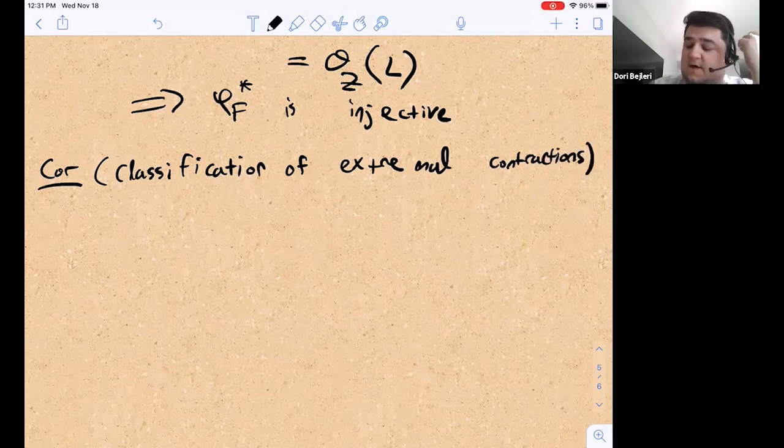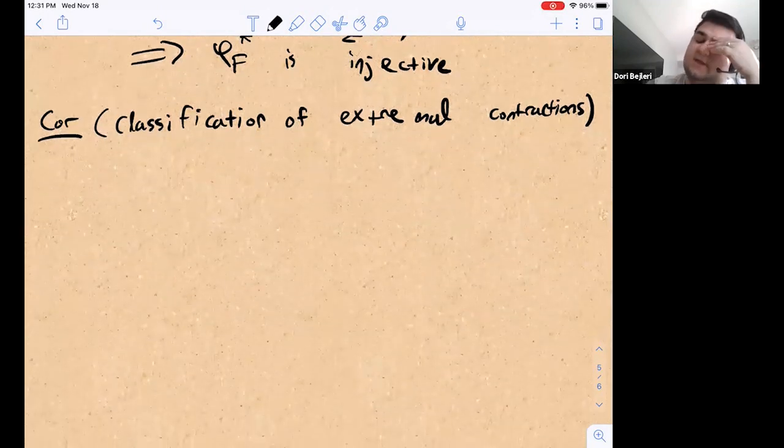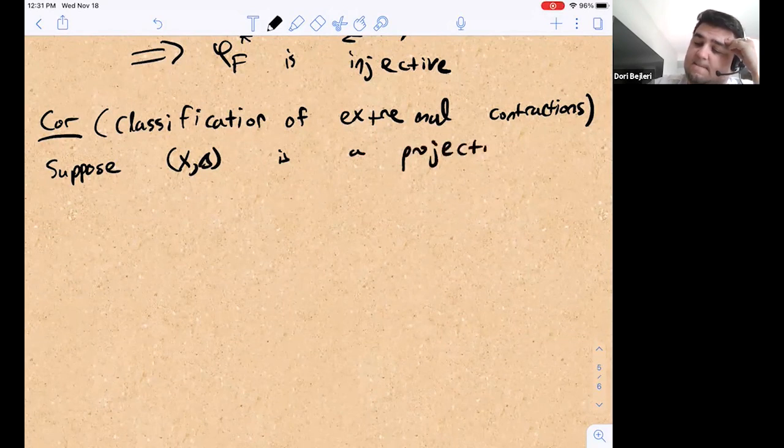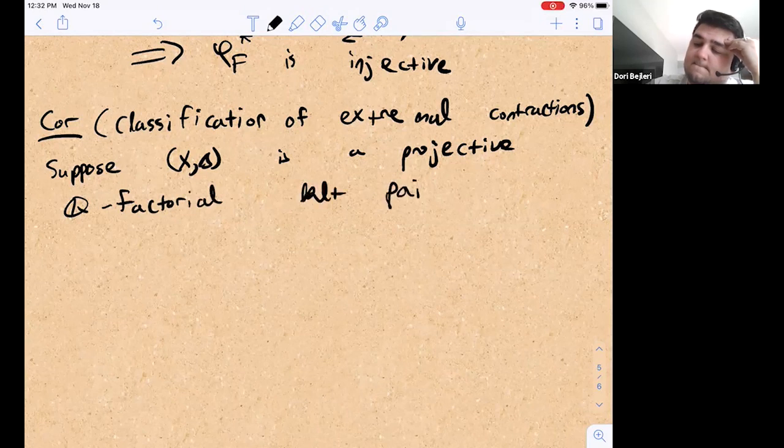So if you recall from a couple of weeks ago, we needed to make an extra assumption on our pair, which was that it was Q-factorial. A couple of weeks ago, there was no boundary divisor, it was just an X. But suppose (X, Δ) is a projective Q-factorial KLT pair, and R is some K_X + Δ negative extremal ray.